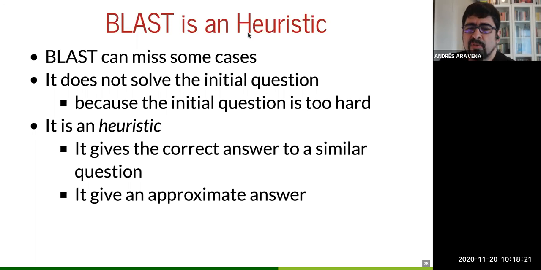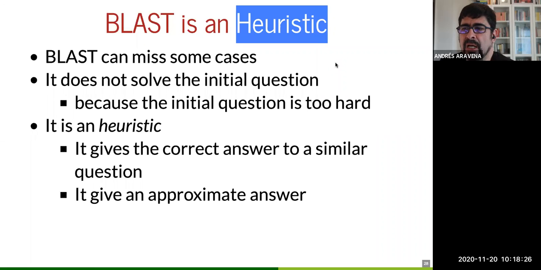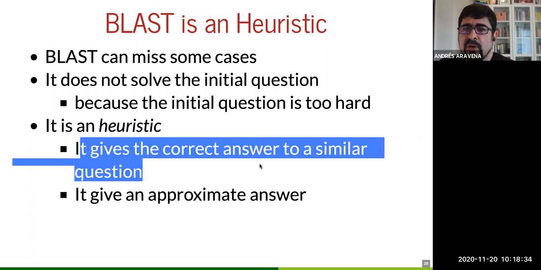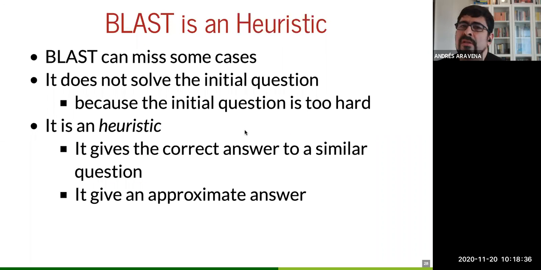And here is the last word that I want to present to you today, the idea of a heuristic. A heuristic is an approximation. So it gives you the correct answer to a similar question. Essentially, a heuristic is when you simplify the problem and you answer a question that is similar, but is not exactly the same. Since the original question is very hard, you simplify the question and you answer a simpler question, but one you can answer.